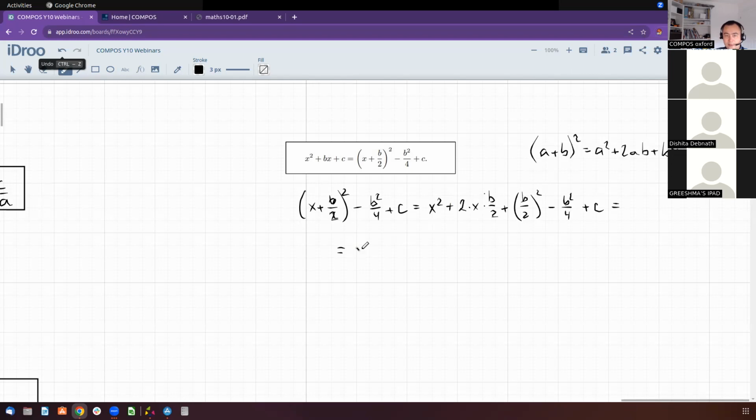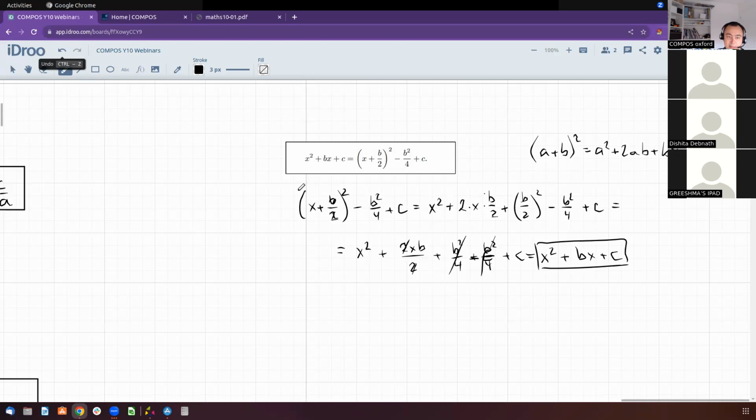And then we have x squared plus 2xb over 2 plus b squared over 4 minus b squared over 4 plus c. b squared over 4 and minus b squared over 4 cancel out. 2 cancels out. And we're left with x squared plus xb, which is bx, plus c. So in fact, this is the same as this.